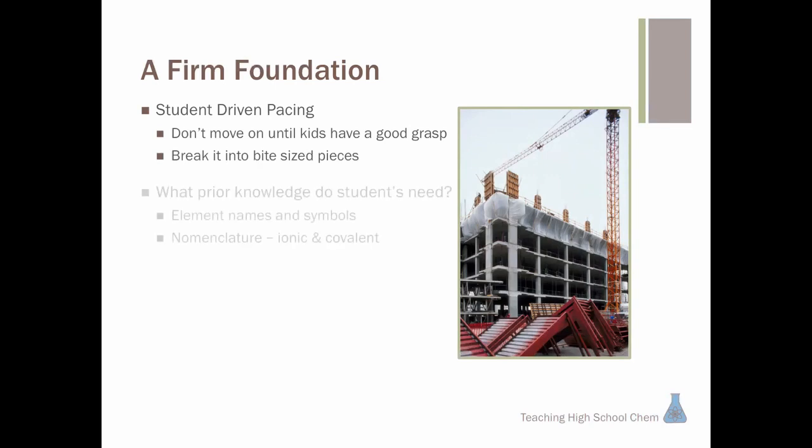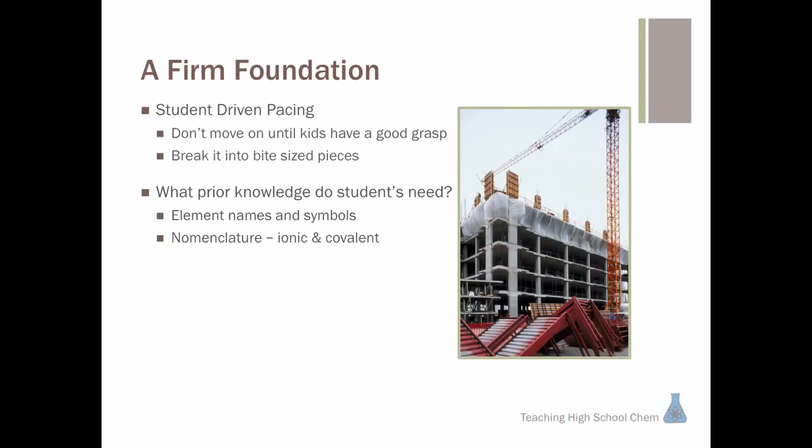For this, we need to know what they need to know going into reactions. Here's what they've got to know and have a good grasp on. They need to know their element names and symbols, and they've got to know their nomenclature, both ionic and covalent. If you want to throw acids in there, that'd be fine. I don't cover that until I get to acids; I give them acid names at this point.